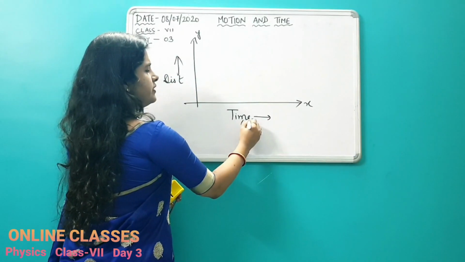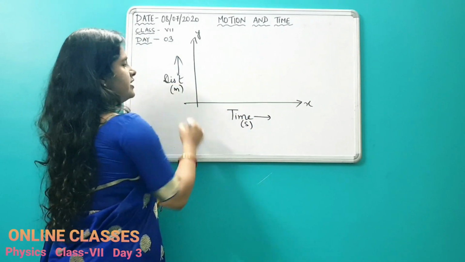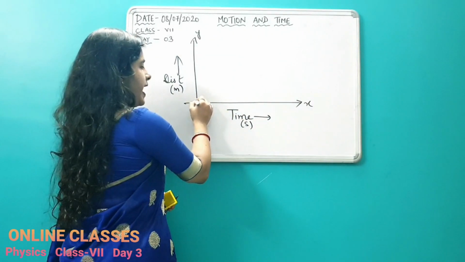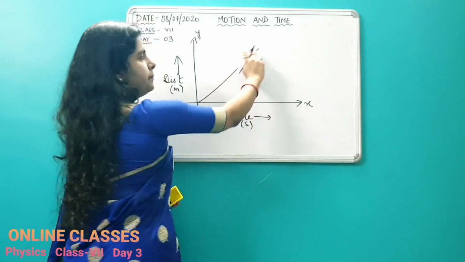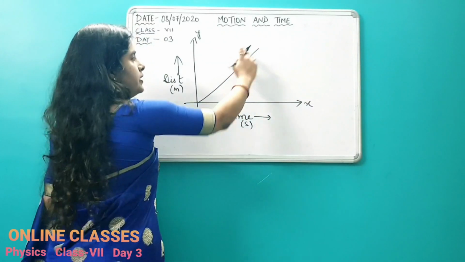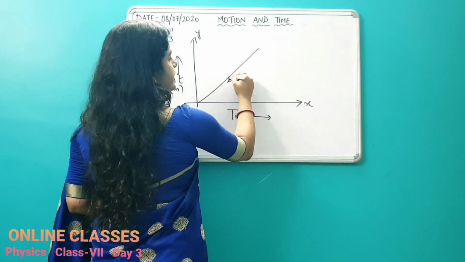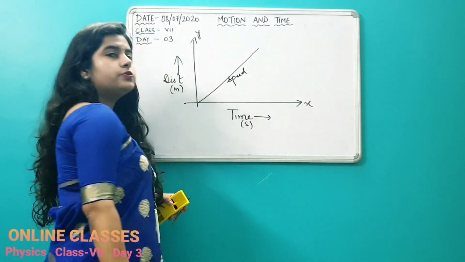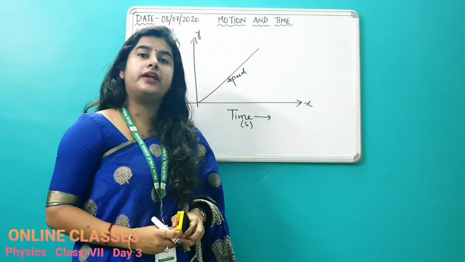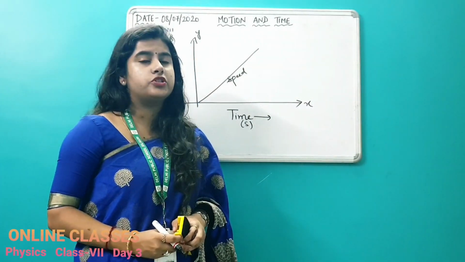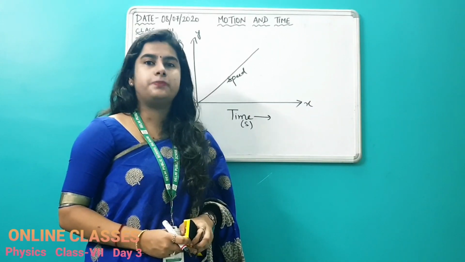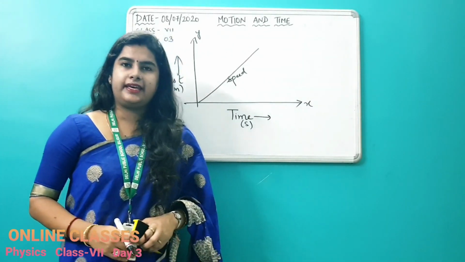Supposing your time is given in second and your distance is given in meter, and there is a slope. This slope represents the speed. So for a distance-time graph, the slope represents the speed of the vehicle.